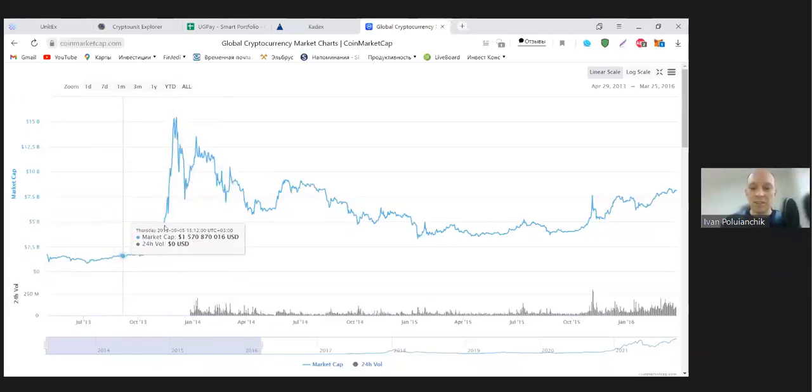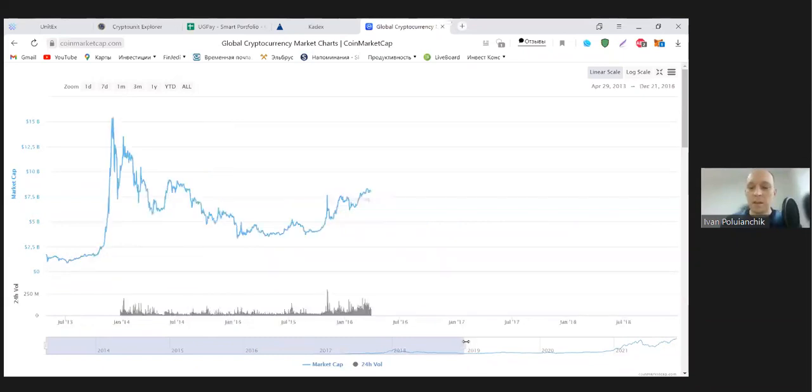So this is the market chart, and the market always moves in waves, ups, downs, ups, downs. So it has this wave pattern.